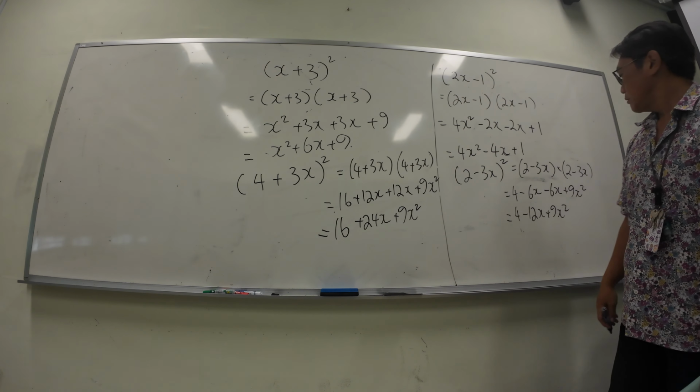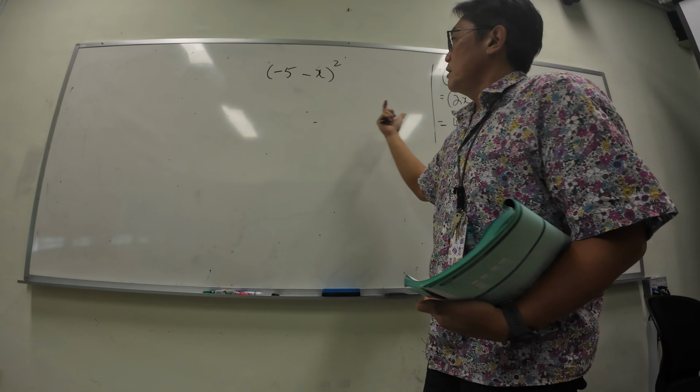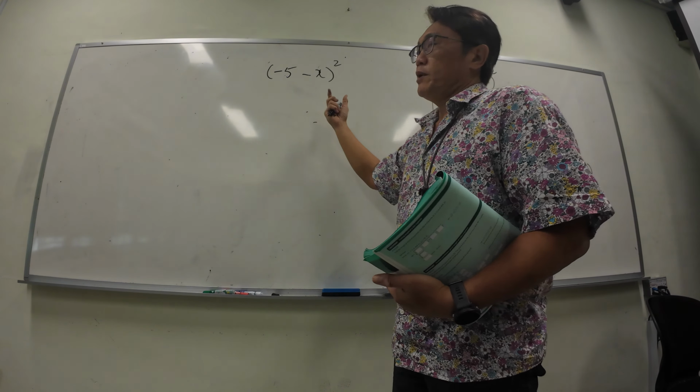Okay, then one last example. Let our front be a negative number, then minus x. Okay, if I go by remembering the identity, I can treat this as front minus back, the whole thing being squared. Then I can use my identity also. Front square, back square, and the middle, front times back times 2.